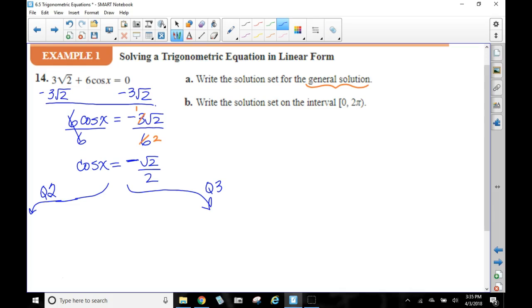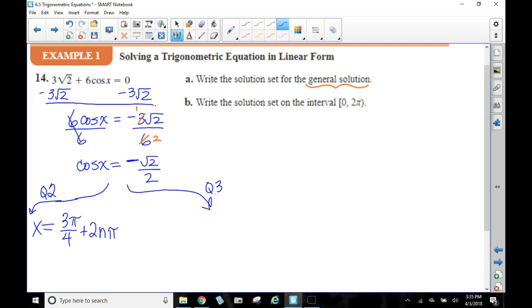And so in quadrant 2, values of x that have a cosine of negative square root of 2 over 2 are 3 pi over 4. And then we've got to get every time we hit that angle in quadrant 2, so this is where we're going to say plus 2n pi.